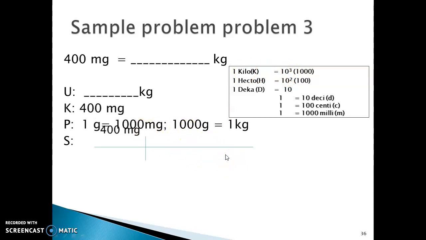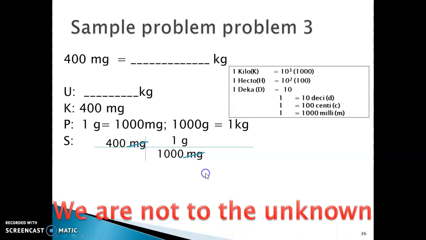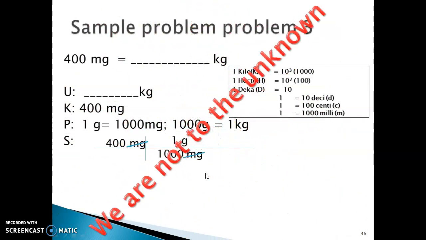So our train track we'll have to extend. We'll have to add another tie to our train tracks, railroad ties. Anyways, let's see. So start with a known, and then milligrams we need to cancel out first. So there's 1,000 milligrams in a gram, and then we're still not to the unknown yet.